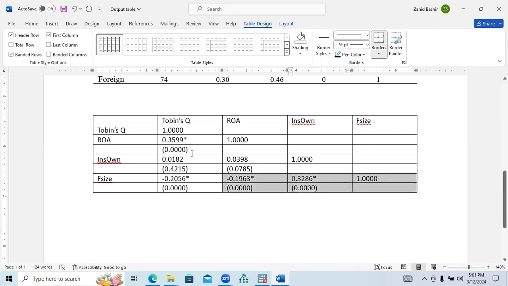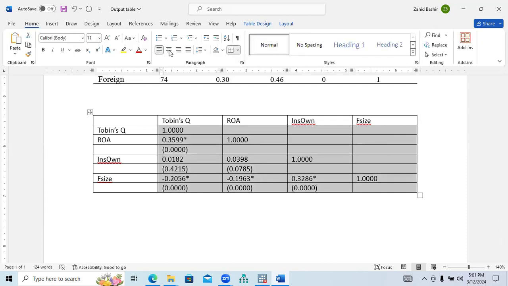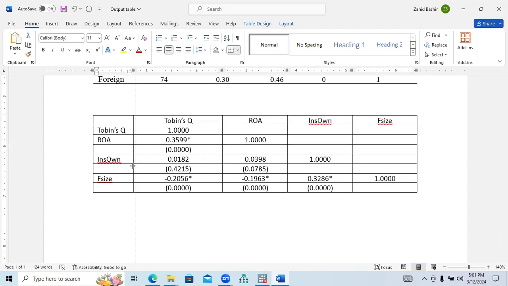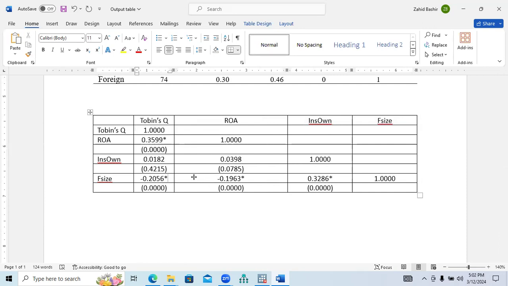And then you need to make them centrally justified like this. I am making the table as required per APA style.